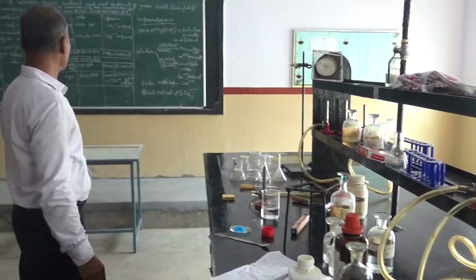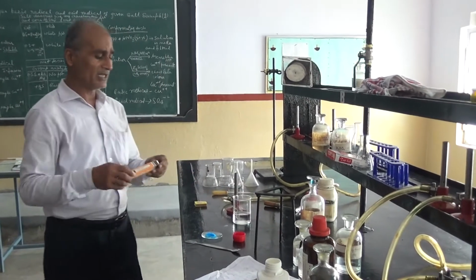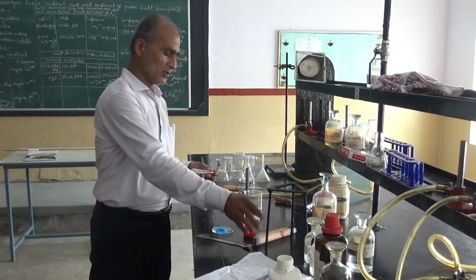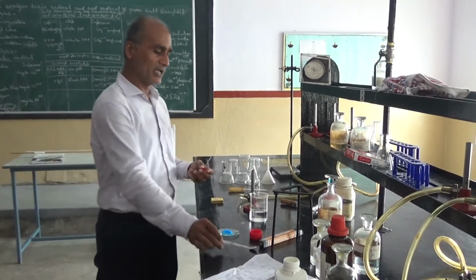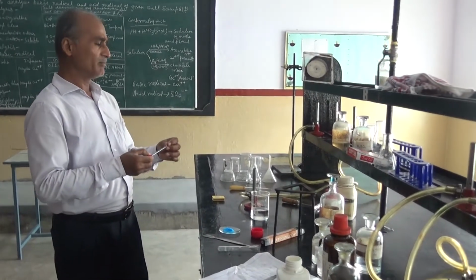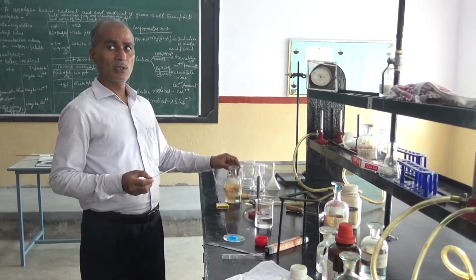After the dry heating test, we will go through the flame test, for which we need a platinum wire. First of all, we have to rinse this platinum wire with conc. HCl. We will dip this platinum wire in HCl.